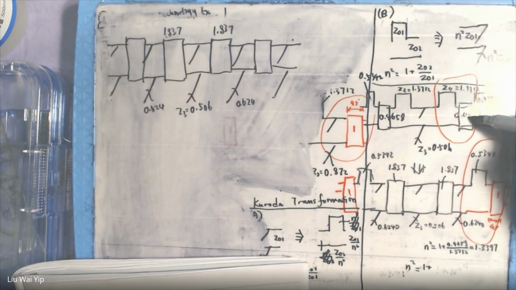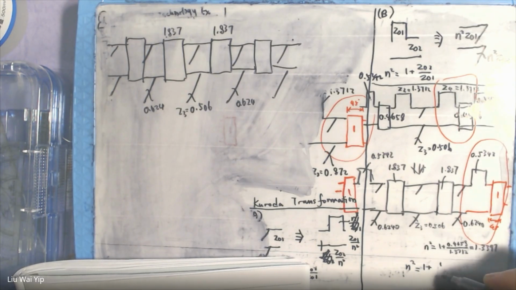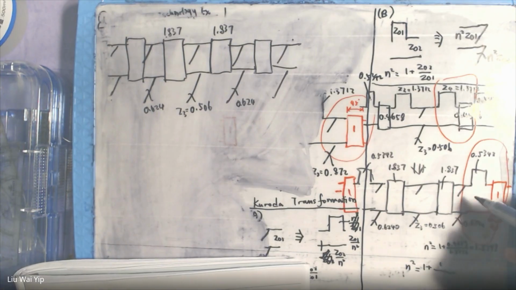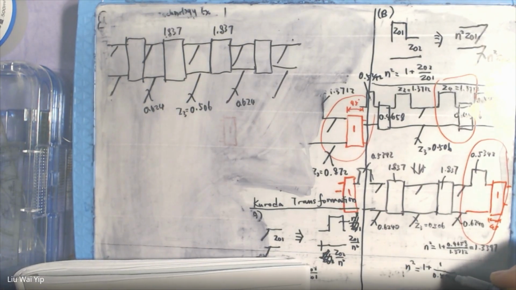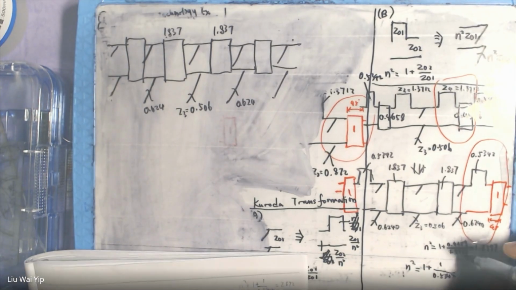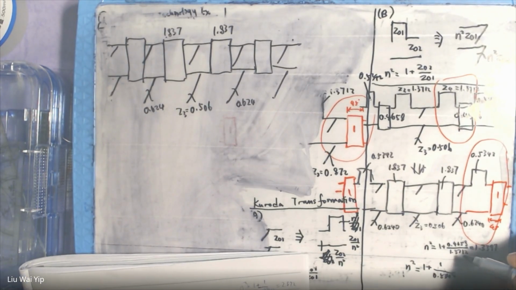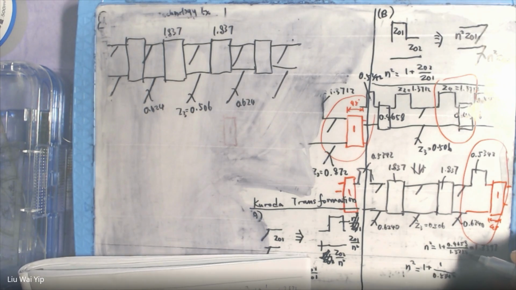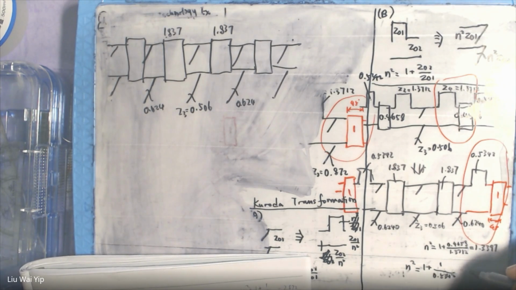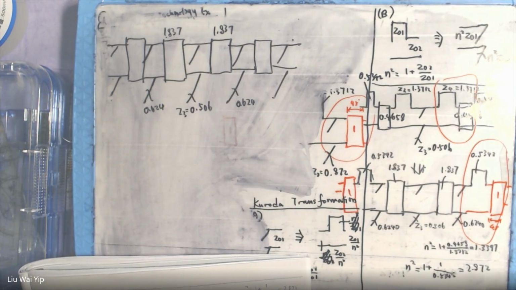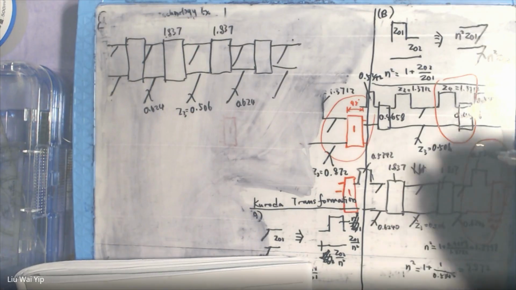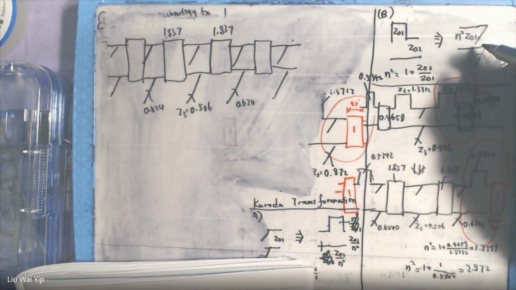This means 1, and then divided by 0.5342, and this will give you 2.872. And with this, you do a little bit of calculation on the file.